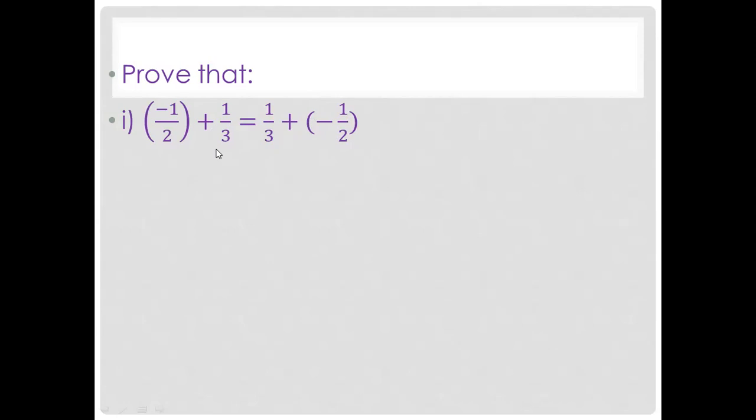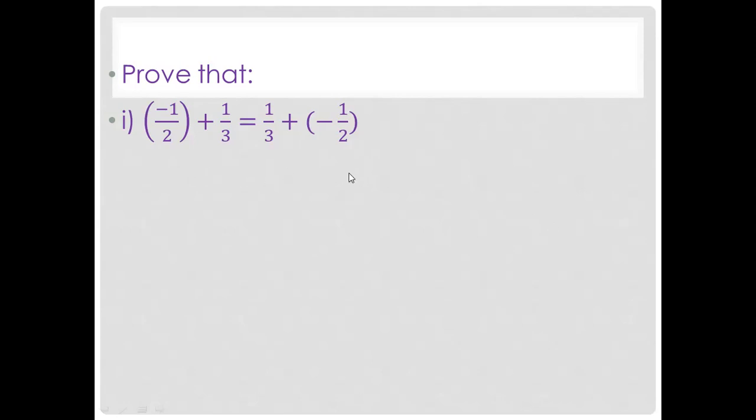Remember this, maybe it will come in MCQs. You have given this question like this and they ask which one property is this. Maybe the options are commutative property of addition, commutative property of multiplication, associative property, distributive property.